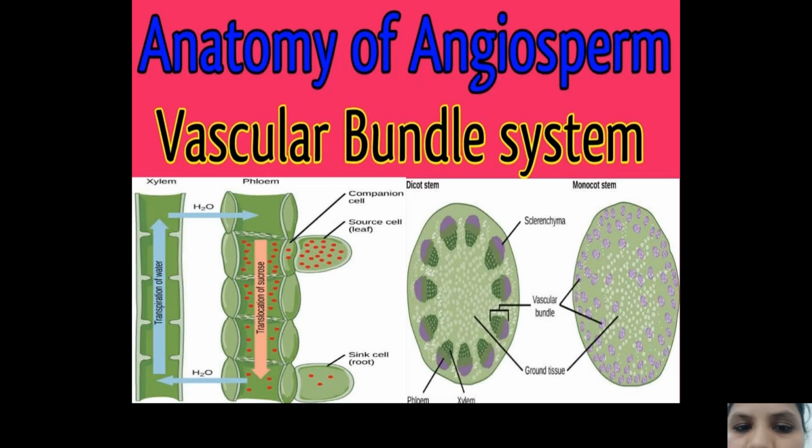Now take a look at the anatomy of the angiosperm vascular bundle system. See how the water is transported through the xylem and the phloem, as well as the internal structure of dicot and monocot stem.